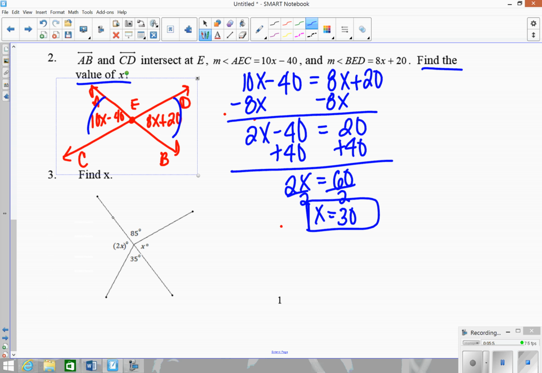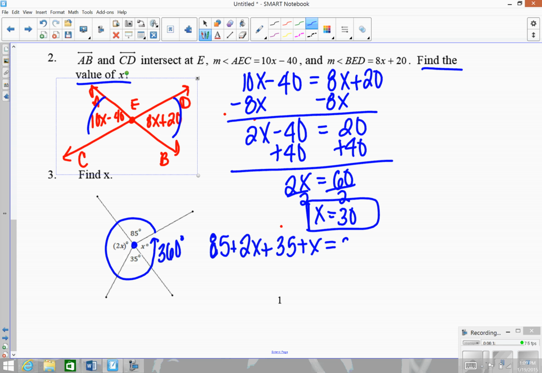The last example here is to find x. Again, you're looking for what relationship you have. In this case, all of these angles are around a single point, so these are called angles around a point. Those have to add up to 360, because they all completely go around this point. So you just set up an equation and add up every single part: 85 plus 2x plus 35 plus x equals 360.